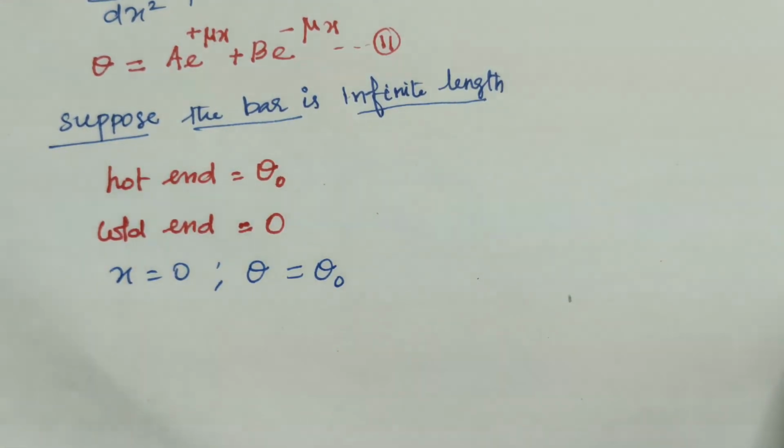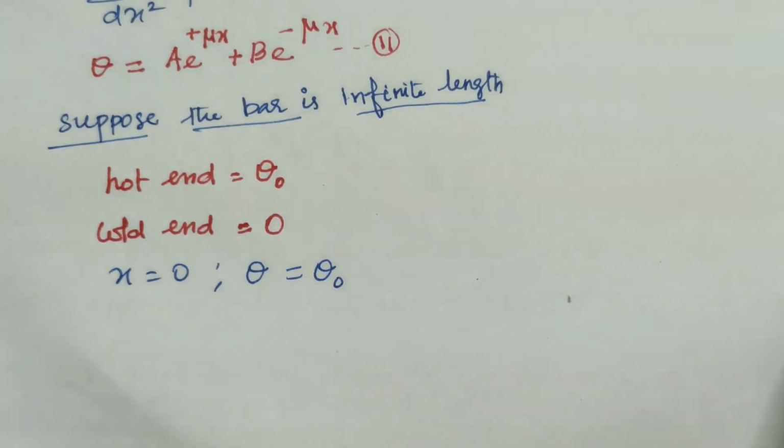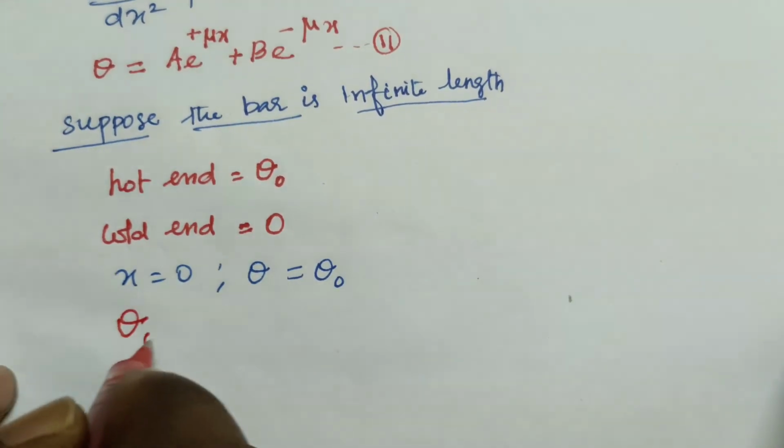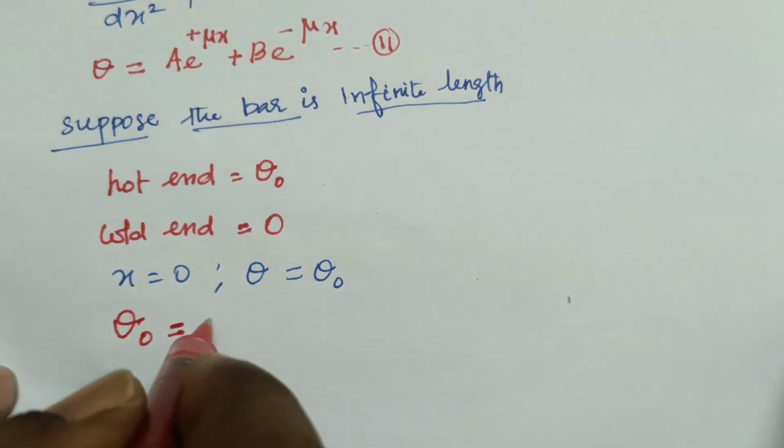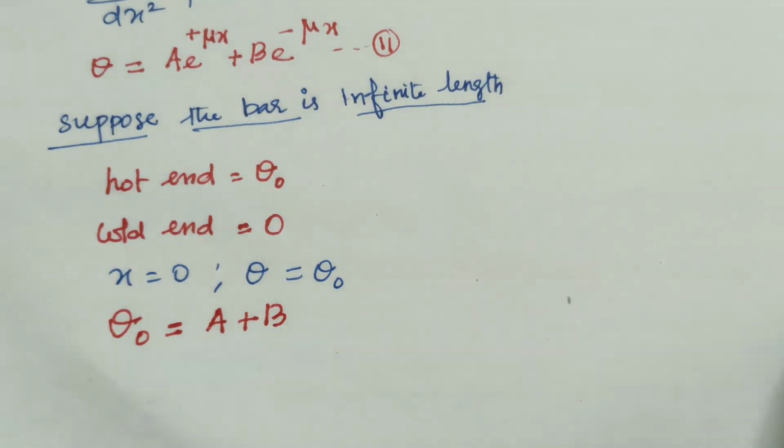From equation 11, substitute பண்ணிங்க அப்படின்னா theta equal to theta 0, so theta 0 is equal to a plus b. Why?